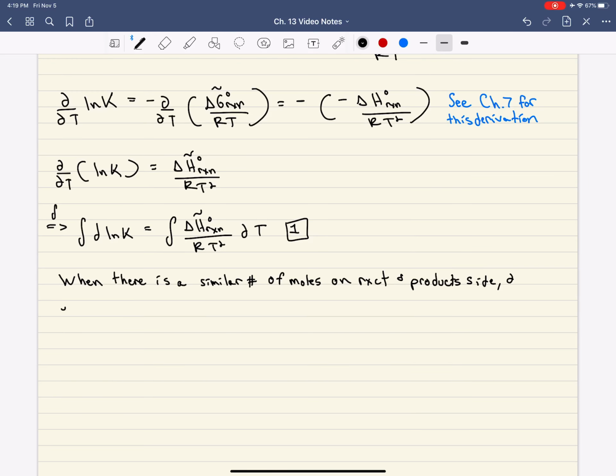and each species involved in the reaction each has a similar heat capacity, then this delta H reaction here, you could actually just treat that as a constant.